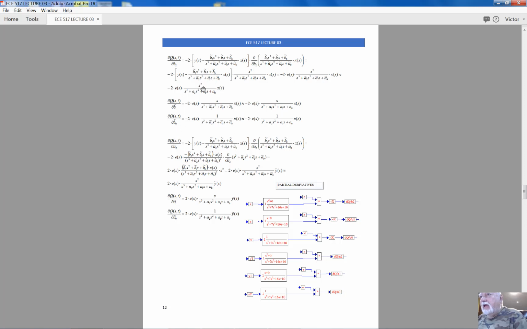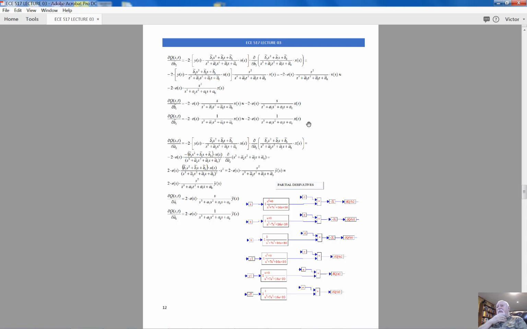I want to reiterate, having S squared in this expression and having this multiplication by X of S implies that this expression will contain the second derivative of X of S. Having S in this expression and having this multiplication by X of S implies that this expression will contain the first derivative of X of S. And not having S in this expression and having this multiplier X of S implies that a derivative is not taken of the signal X. Signal X of S will be used as it is.